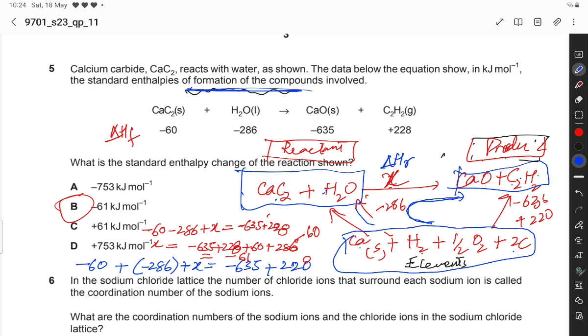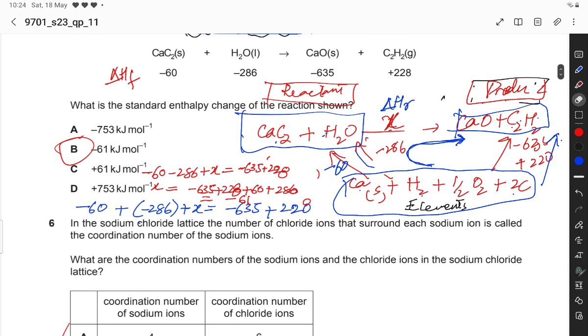This is the first route and this is the second route. So the first route is equal to the second route, so minus 60 minus 286 plus x is equal to minus 635 plus 228, and after calculating these values, we get that option B is correct.